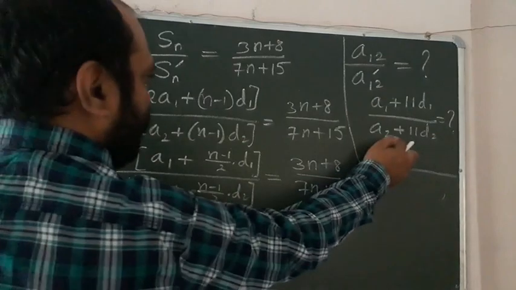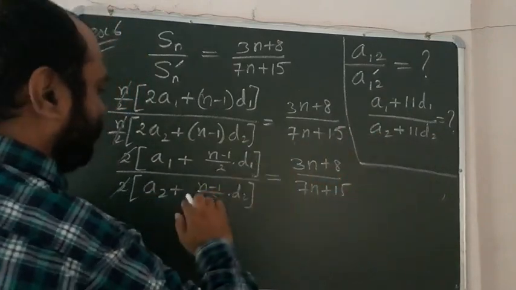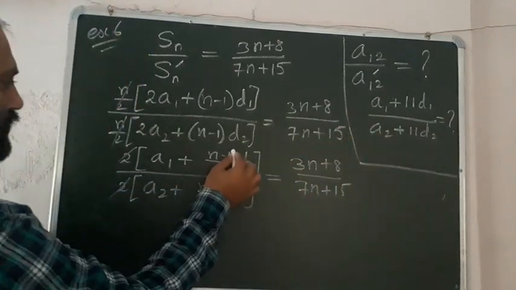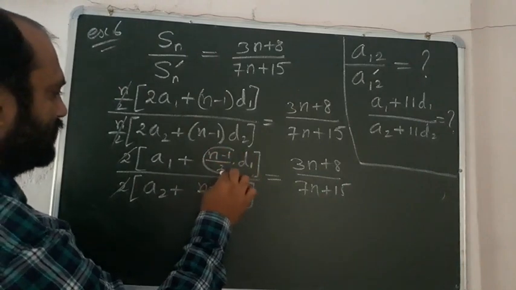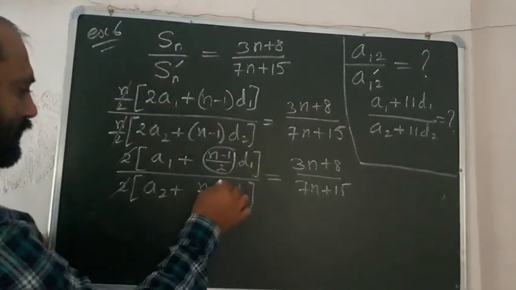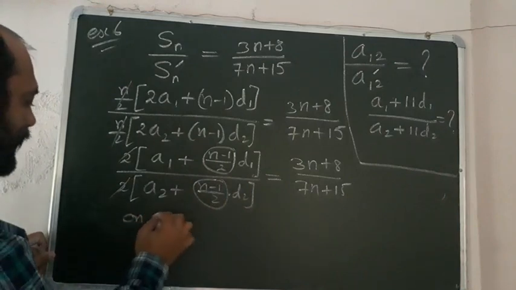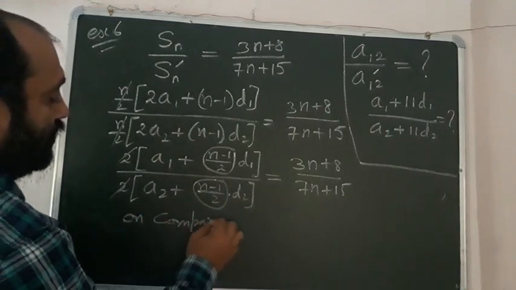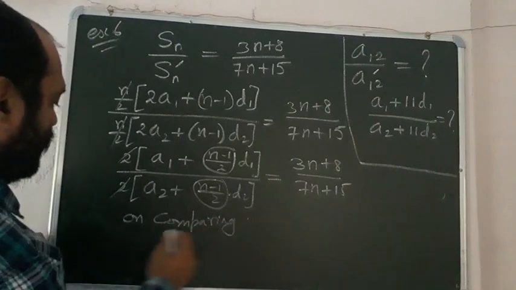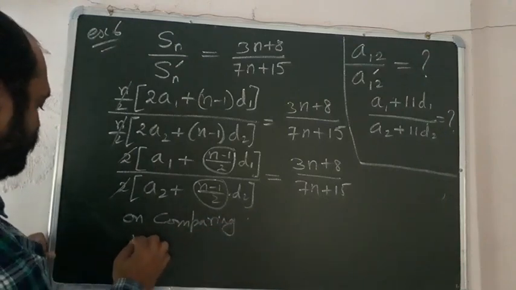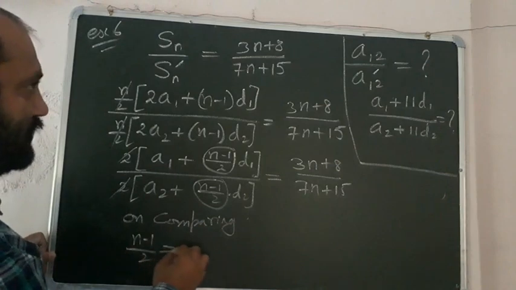So compare this with this. On comparing, put n minus 1 over 2 is equal to 11.